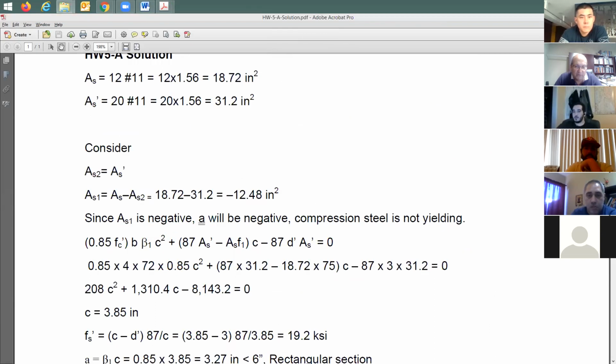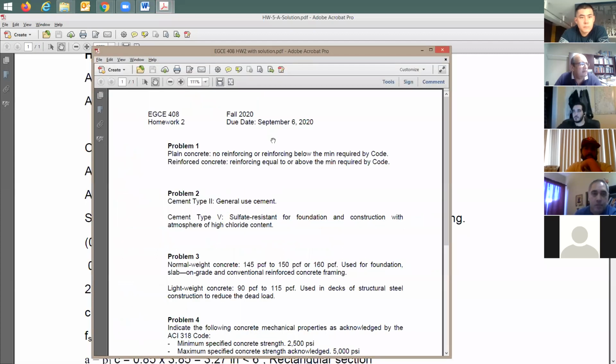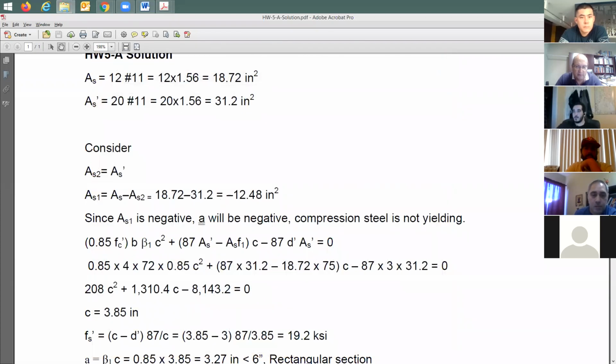So which one did I post? I posted 2. Am I correct? Did homework 2. So only homework 1, 3, 3B, and 4 are not posted. 2 and 5 are posted.